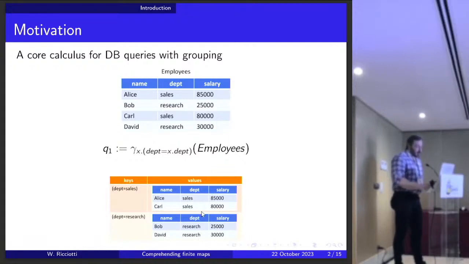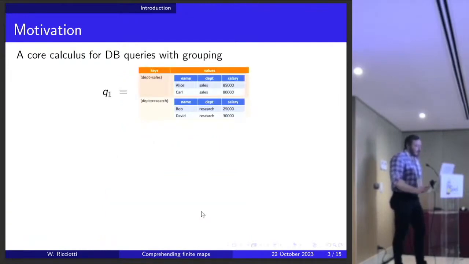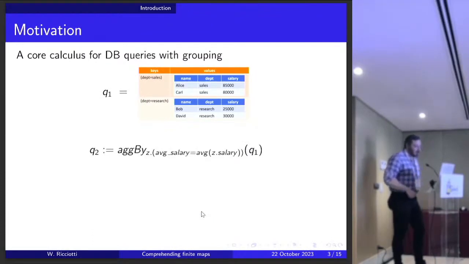What do we do with a grouped relation, with a finite map? For example, we might want to perform aggregation.